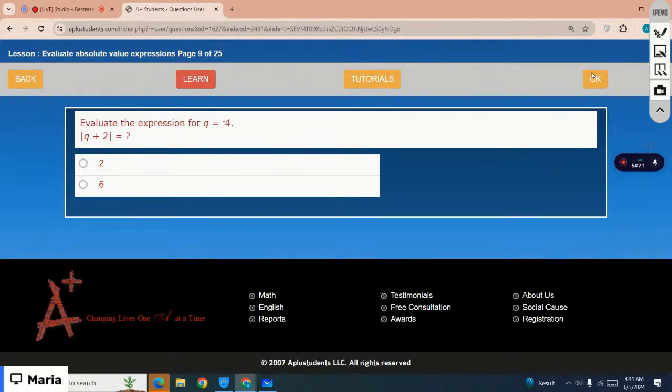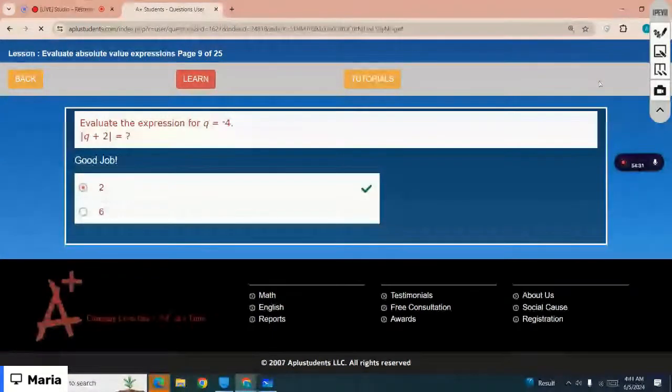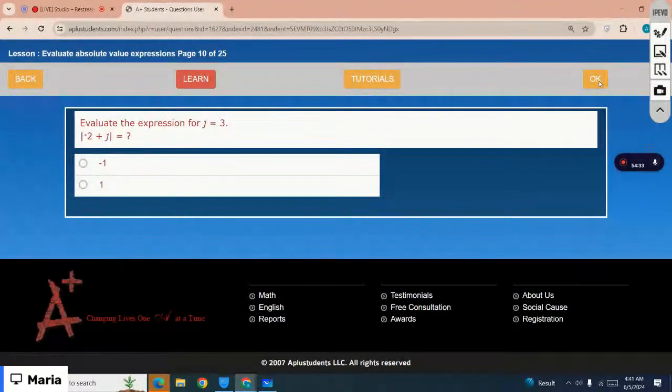That is 2. Evaluate the expression for j equals 3. Yes, option number 2 is the correct option. Okay, you can complete the lesson by yourself later today.